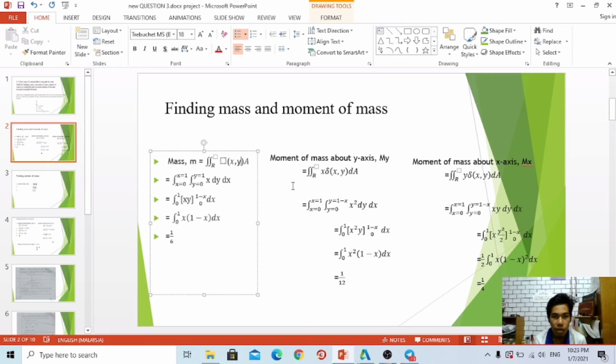Next, we need to find the moment of mass about the y-axis.